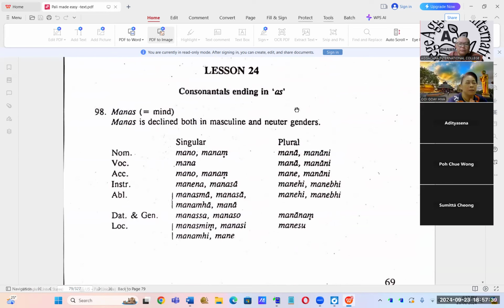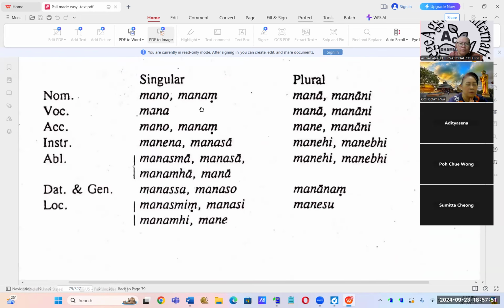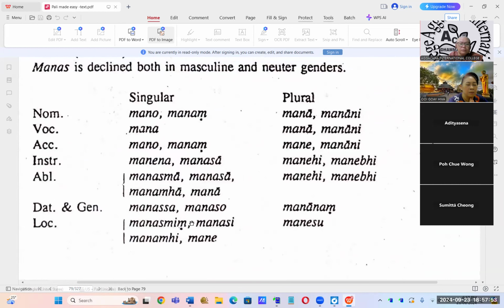Tapas. Nominative singular: tapo, tapam. Plural: tapa, tapani. Vocative singular: tapa. Vocative plural: tapa, tapani. Accusative: tapo, tapam.